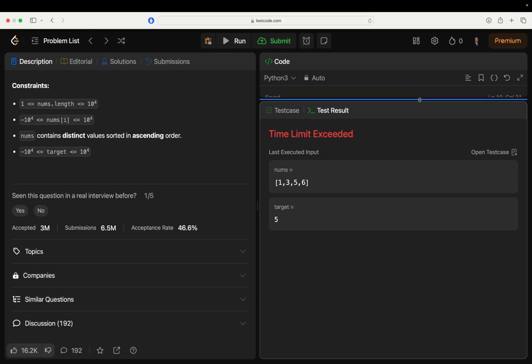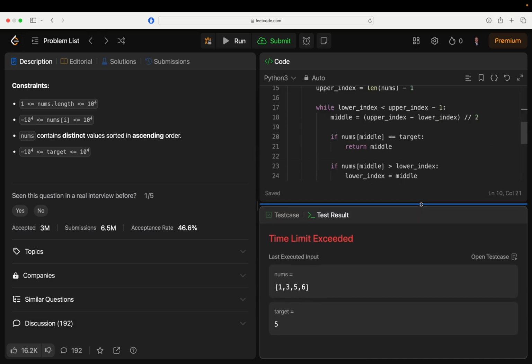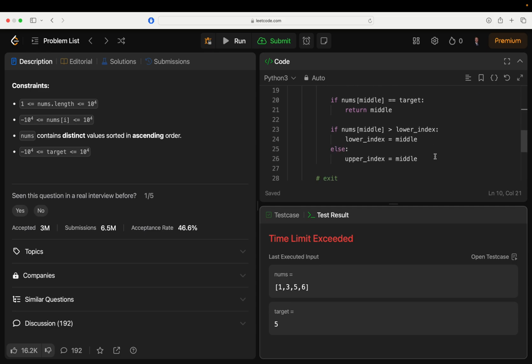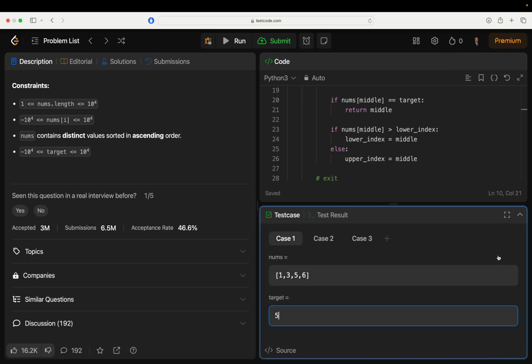Time limit exceeded. I feel really silly because this is code I've seen like 1,000 times over.